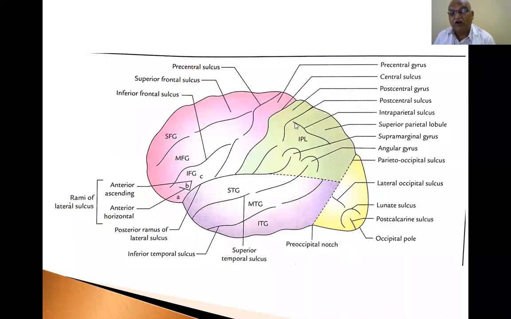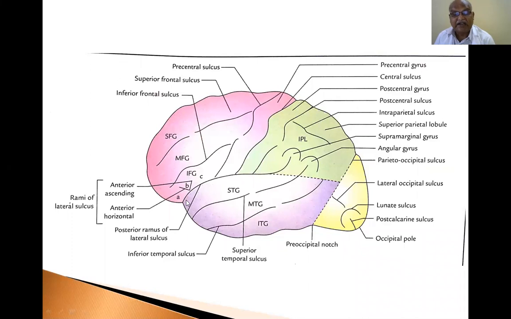Now this parietal lobe is divided by the intraparietal sulcus into superior parietal lobule above the intraparietal sulcus and inferior parietal lobule below the intraparietal sulcus. So the area present behind the postcentral sulcus is divided by an intraparietal sulcus into superior parietal lobule and inferior parietal lobule.